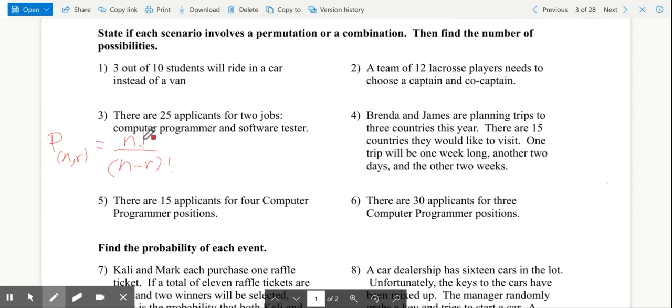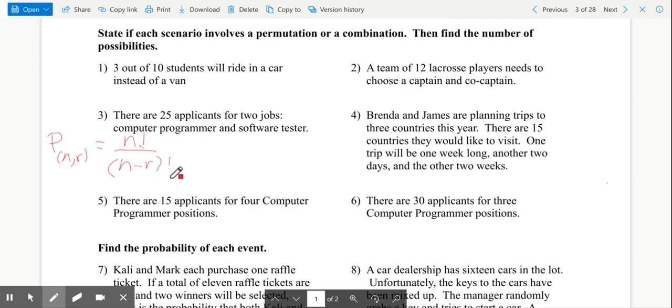N factorial. So n is the sample size, the number of things that I have to choose from. R is the subset, or the number of things that I'm choosing. So in this case, n would be 12 and r would be 2 because I'm choosing 2 people, captain and co-captain. So n is what I'm choosing from, r is the number that I'm choosing, or sample size and subset. And then this is n factorial over n minus r factorial.